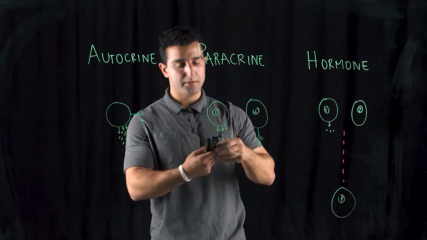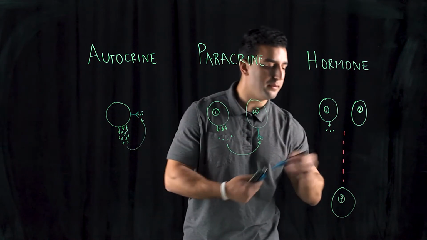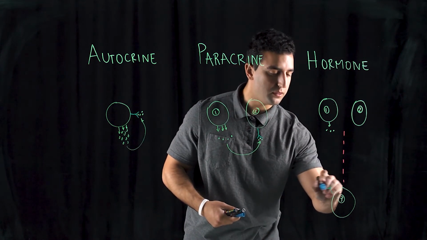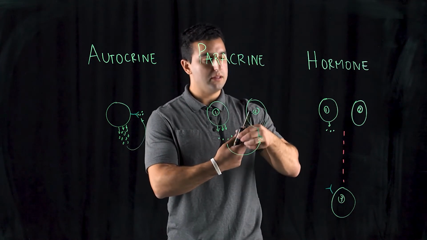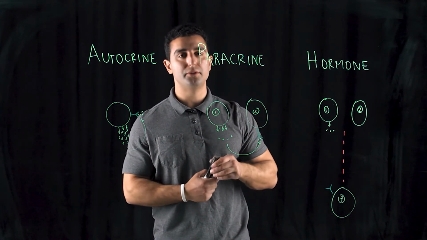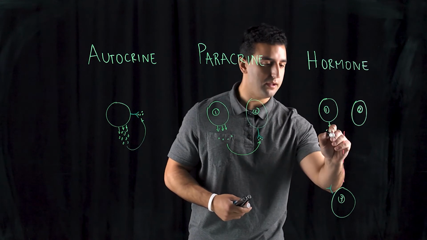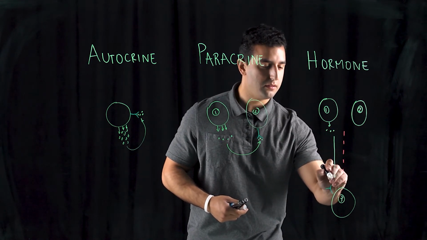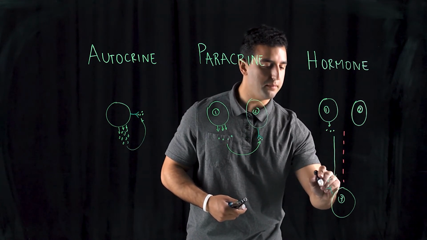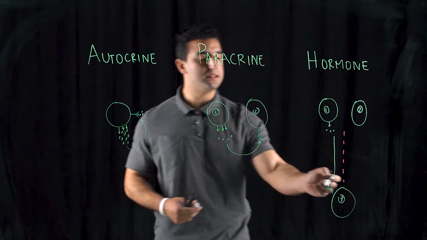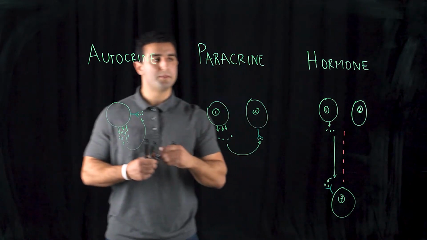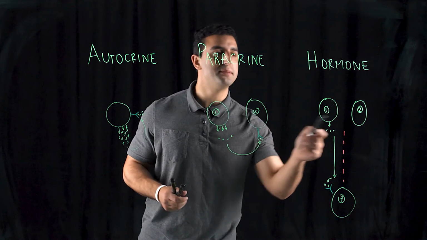The receptor for the ligand to bind will be on cell number 3. So the hormone has to travel through the blood and then finally bind to the receptors on cell number 3. That's the difference between the three types.